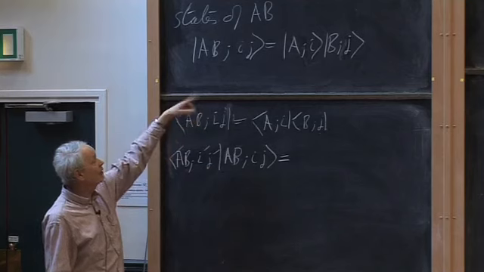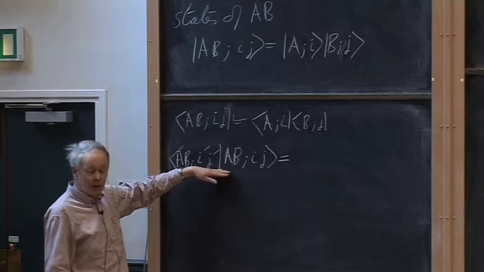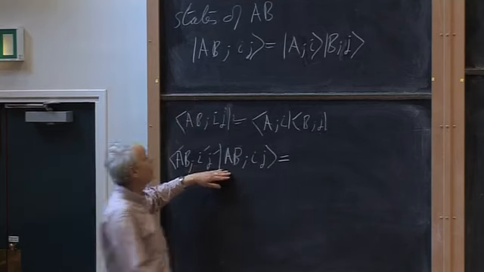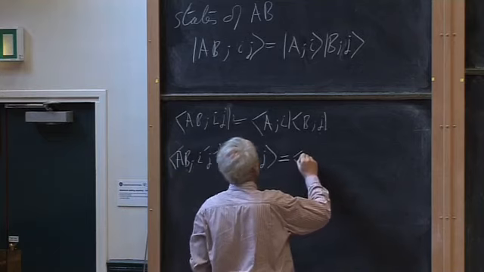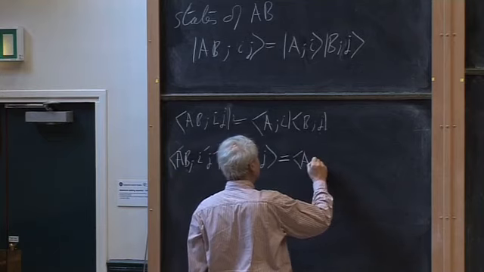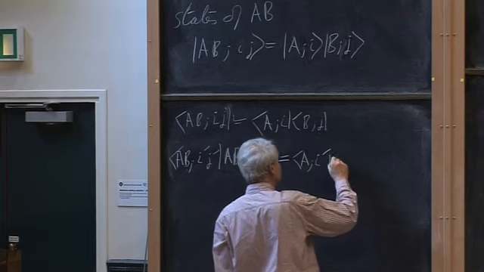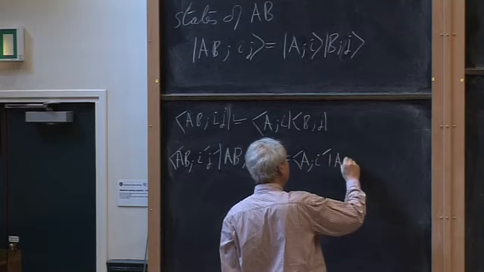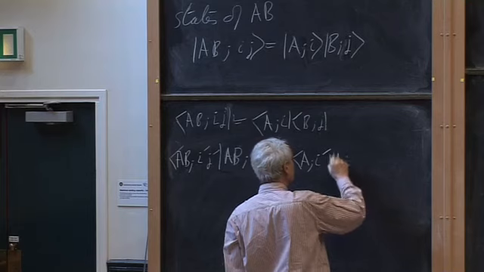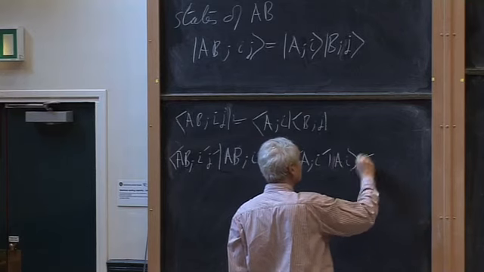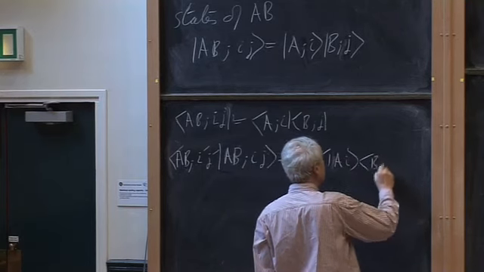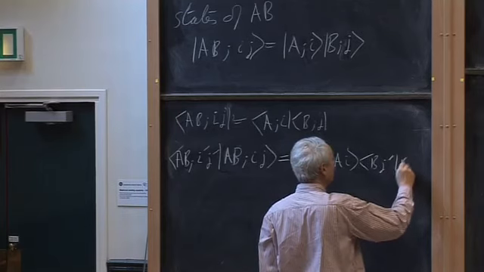To give meaning to all this hocus pocus, I need to explain which complex number. It is this complex number, A⟨i′|i⟩ times B⟨j′|j⟩.